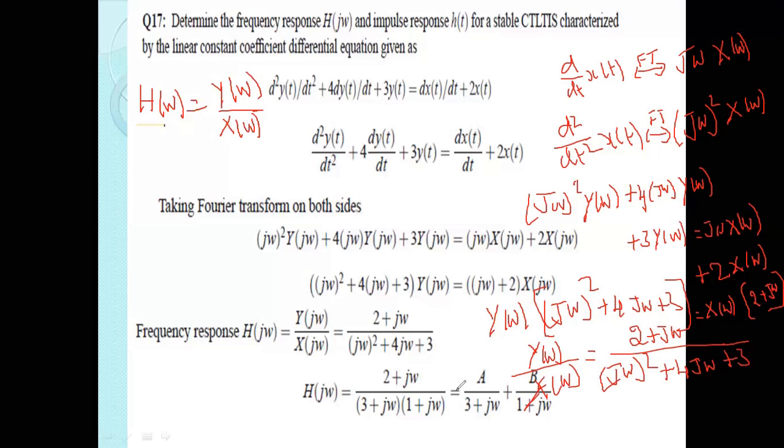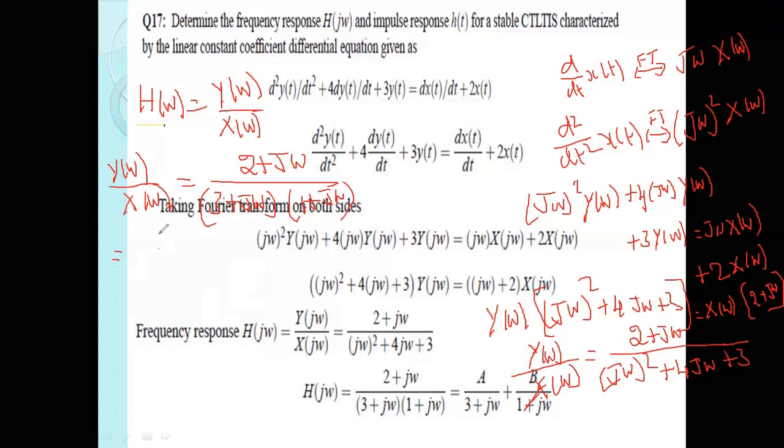Now you can find the denominator roots. What are the roots here? 3 plus j omega and 1 plus j omega. Multiply here: j omega whole square, 3 j omega, 1 j omega, 4 j omega, 3 into 1 is 3. So we got the same. Y of omega by X of omega is equal to 2 plus j omega by 3 plus j omega whole multiplied with 1 plus j omega.